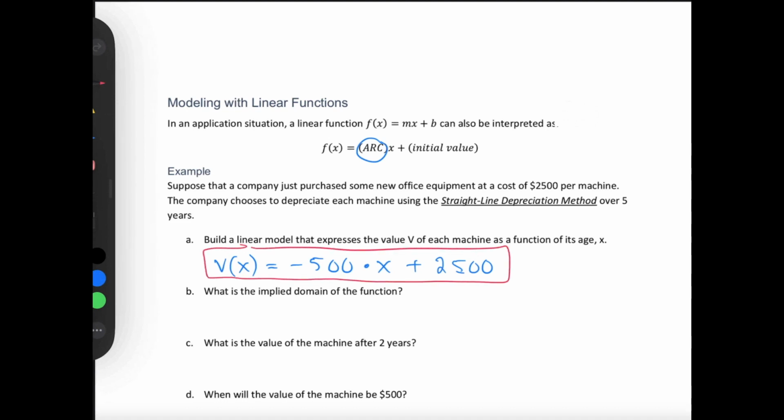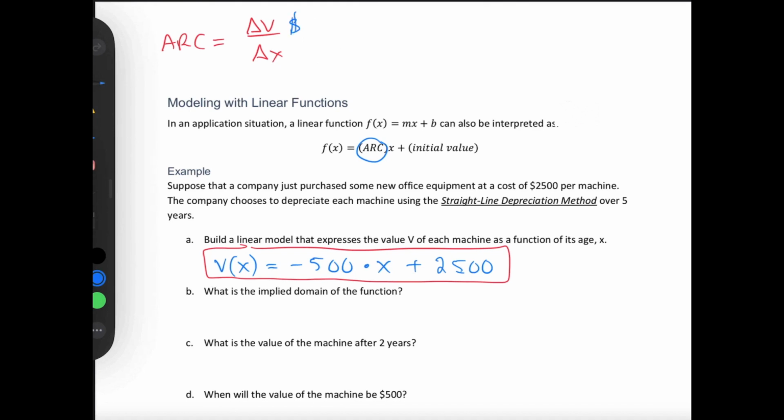Now, before we go on, I do want to take a quick look at the average rate of change being negative 500 and what that actually means. Remember that this average rate of change is essentially calculated by looking at the change in value over the change in time, and the change in value is a quantity that is measured in dollars, right?